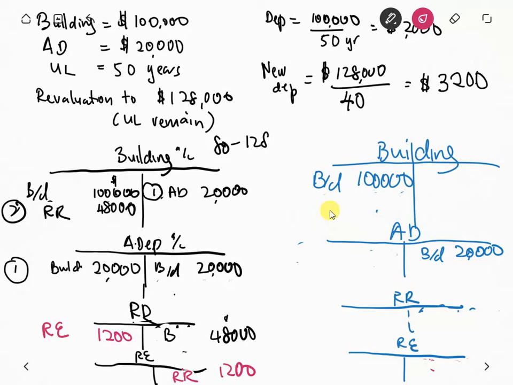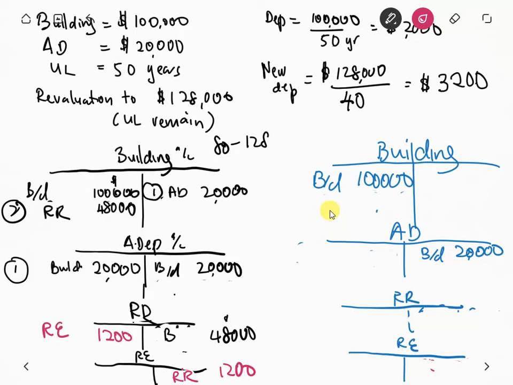One way to look at it will be 3,200, 2,000, excess 1,200. You see, my depreciation was 2,000. When I revalue up, my RR will go up. So because of revaluation, my depreciation will go up by 1,200. So the additional revaluation increases my depreciation by 1,200. So transfer 1,200 to RE. That is one way to calculate.